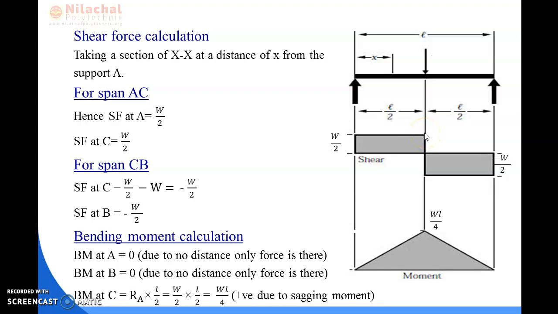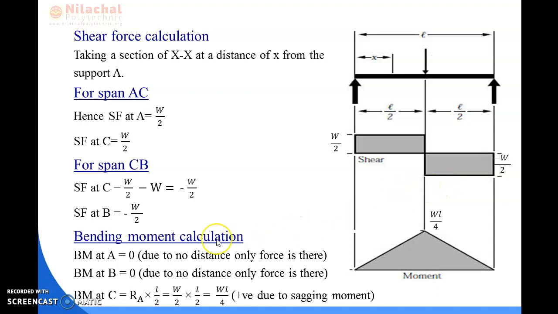Next, for span CB, the value at C is minus W by 2, so the point will occur here. And then for B, the value of the shear force will be minus W by 2, so the point will occur here. By joining all these, we can get the shear force diagram.